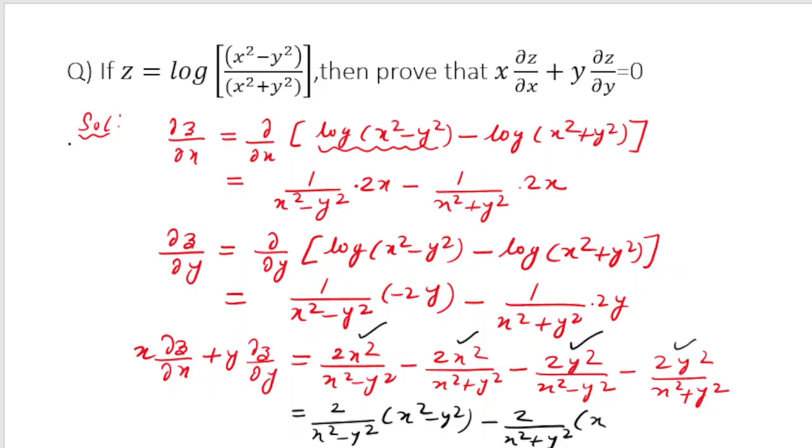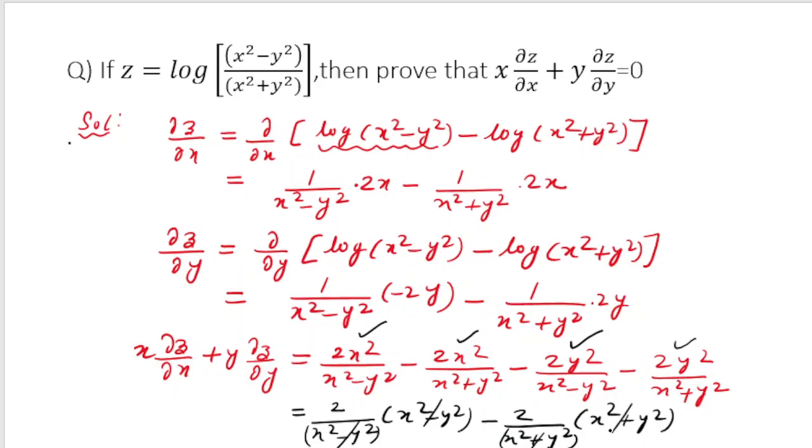So in the bracket I will get x square plus y square. So x square minus y square and x square minus y square cancel, and this term and this term cancel. So what I get is 2 minus 2, which is equal to 0. So this is how we can prove this.